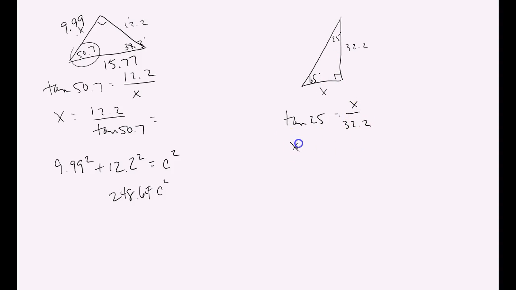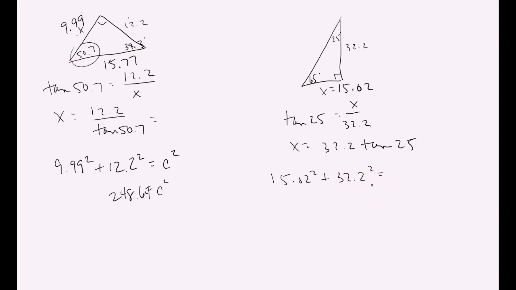And so x is actually, in this case, going to be multiplying these two. So 32.2 times the tangent of 25. Okay, so I'm getting for this bottom 15.02. And then I'm going to do Pythagorean Theorem again to find the hypotenuse.